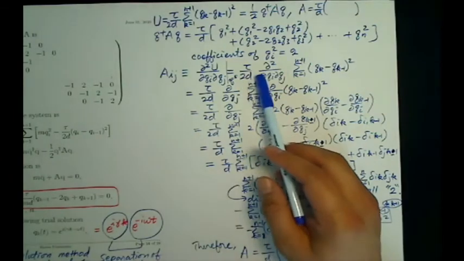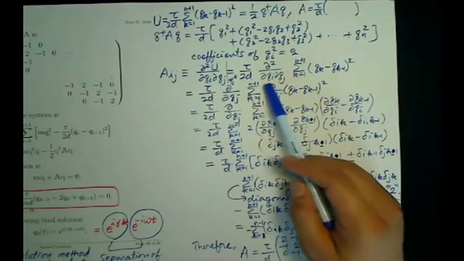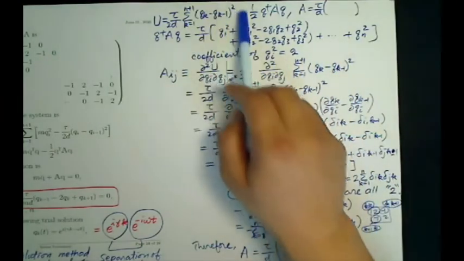Then what we find is the overall coefficient tau over 2d and the second order derivative of this sum of squares.